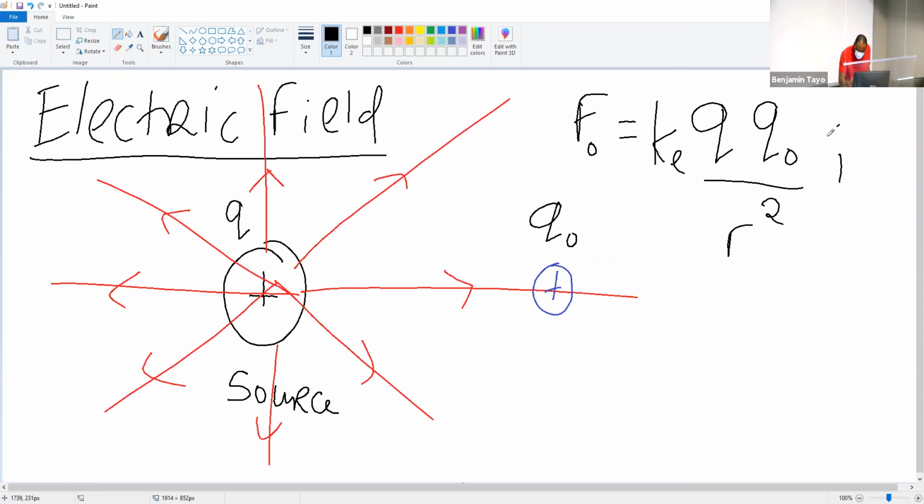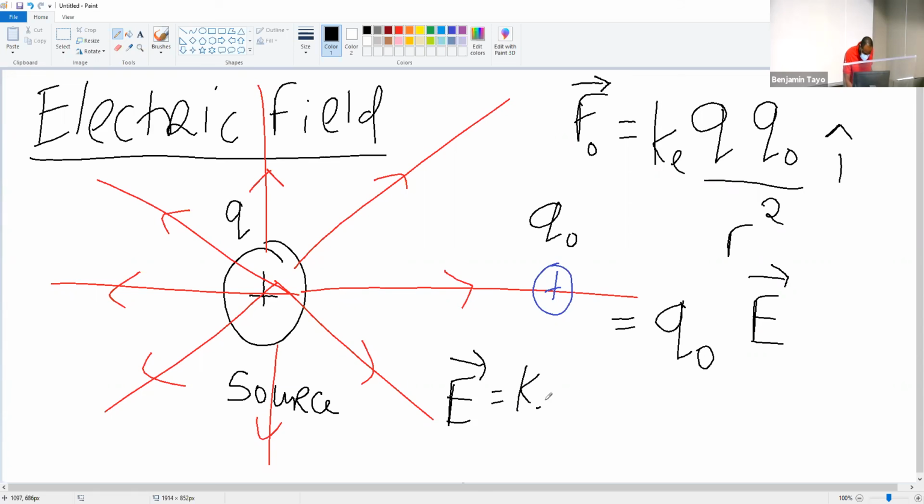And this will be pointing in the i direction, so that's the force. And then we're going to write this as Q naught times E, where E is equal to KE Q over R squared.